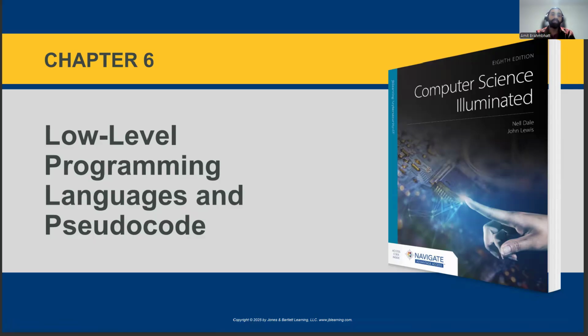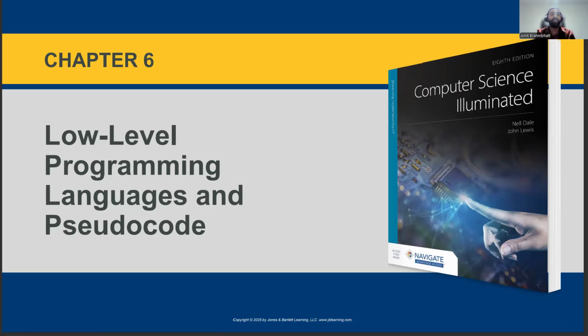Welcome to chapter 6. In this section, we explore how computers understand and execute instructions at the most fundamental level. We'll walk through machine language, assembly language, and the PEP9 virtual machine, tools that help us understand how software interacts with hardware.